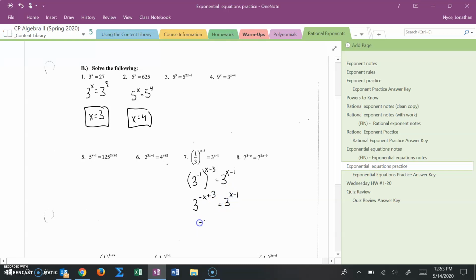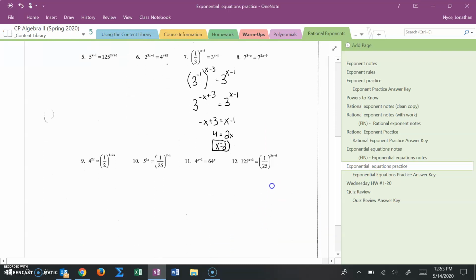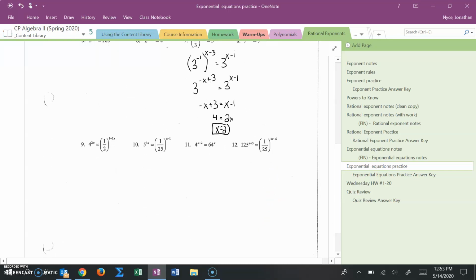And once the bases are the same, the exponents have to be the same. So if I add x to both sides and add 1 to both sides, I end up with 2x equals 4, so x is equal to 2. And we'll look at number 12 yet.